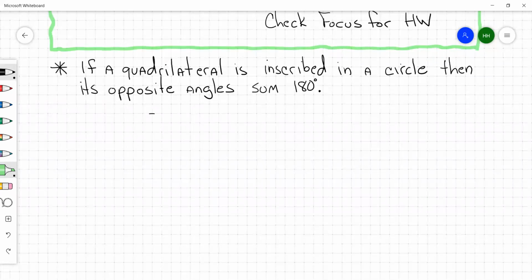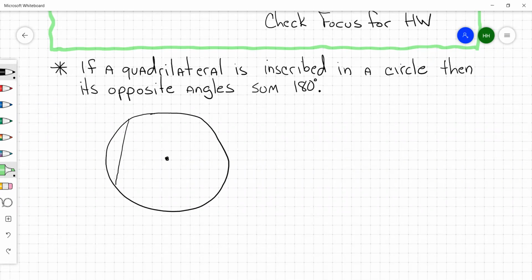So let's get a picture of a circle. What is a quadrilateral? 4 sides. So let's get 4 sides in here. Let's label them A, B, C, and D. Opposite angles sum 180.